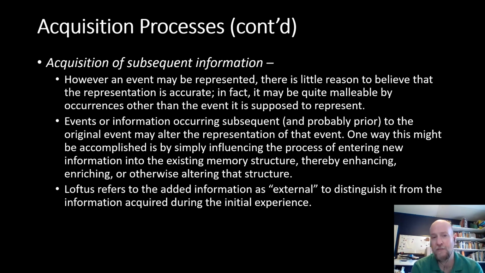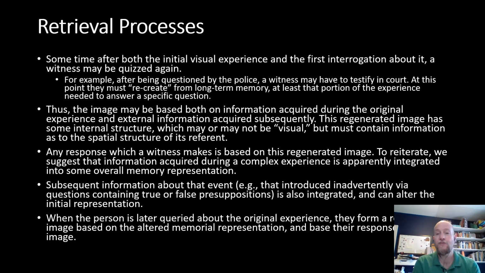One way this might be accomplished is by simply entering new information into the existing memory structure, enhancing, enriching, or in some cases altering that structure. So for example, those initial questions that have false presuppositions. And she refers to this added information as external to distinguish it from the information that was acquired during the actual initial experience.